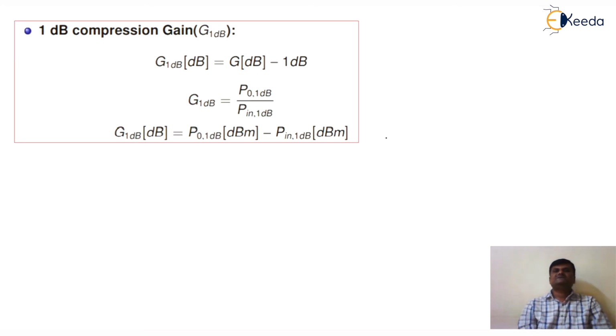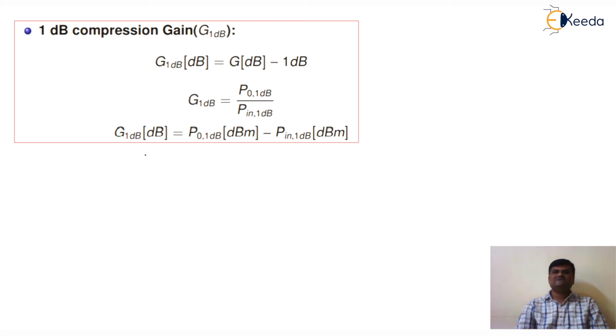The 1 dB compression point is given in dB by a formula: G1 dB is equal to G dB minus 1 dB, where G dB is the amplifier gain. G1 dB is also represented as the output power at the 1 dB point divided by the input power at the 1 dB point.